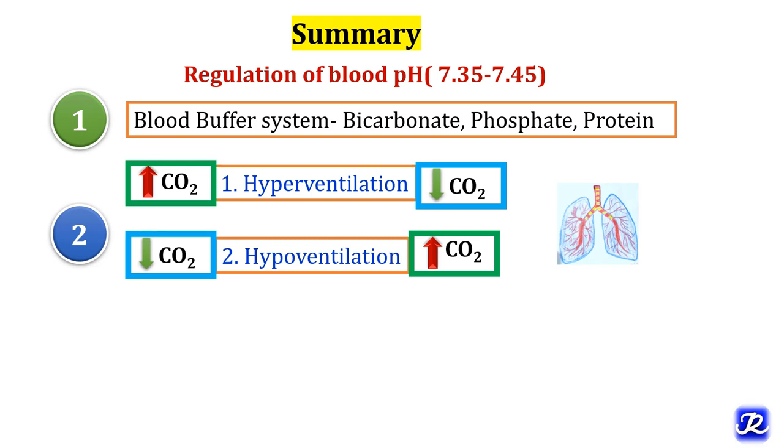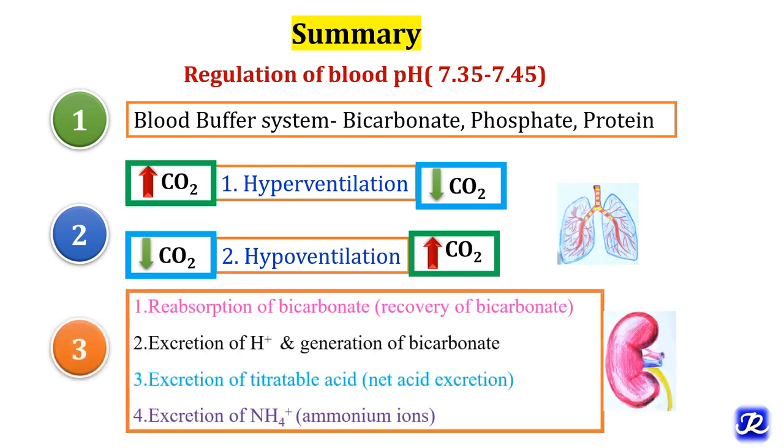And whenever there is decreased carbon dioxide or decreased hydrogen ion concentration in blood, it results in hypoventilation, and ultimately leads to increased retention of carbon dioxide in blood. This is a short-lived mechanism because hyperventilation cannot proceed for a longer time.